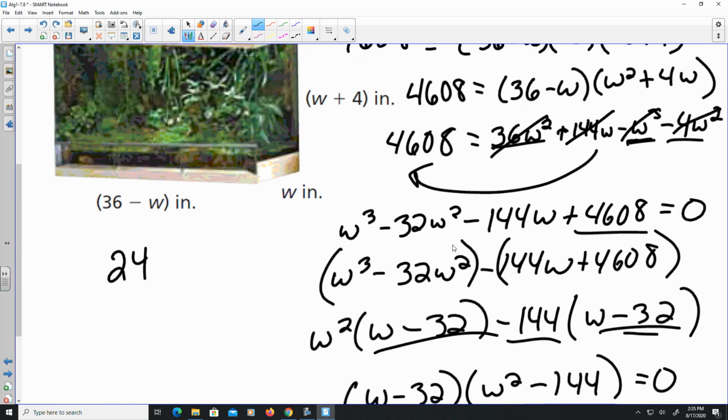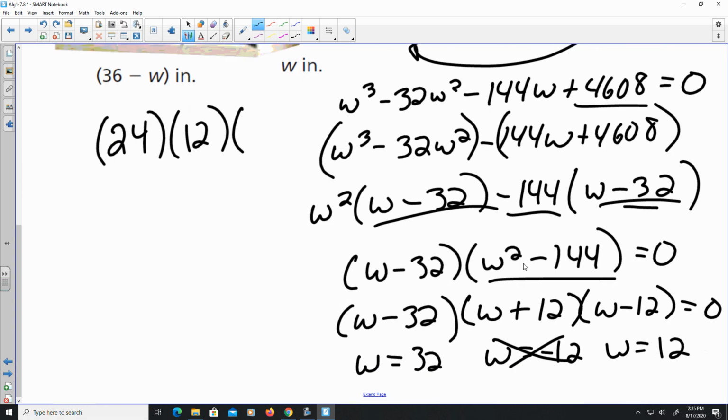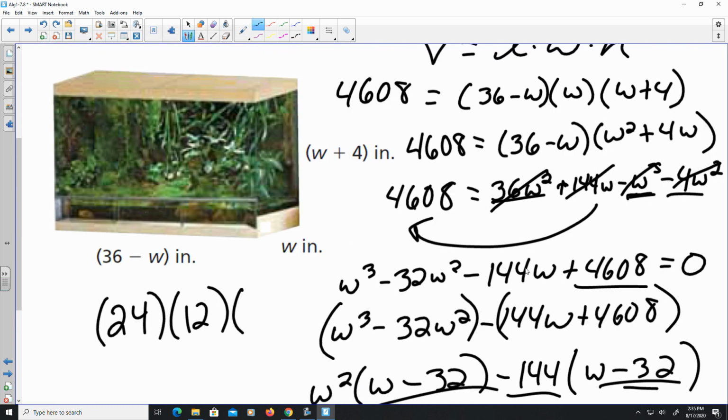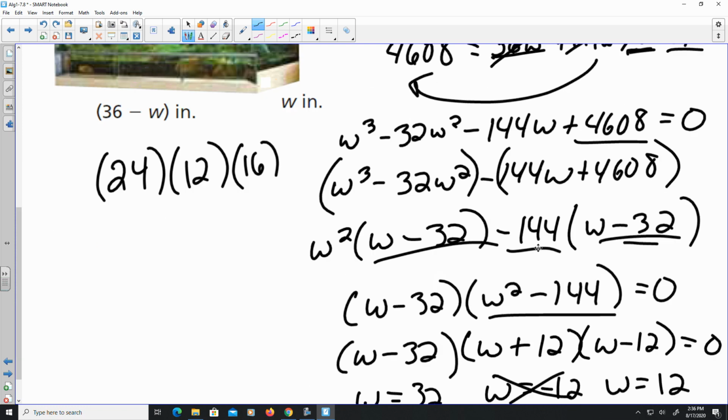And then I have 12, and I have 12 plus 4, which is 16. Does that all work? 24 times 12 times 16 is 4608. So we can say that 12 inches works.